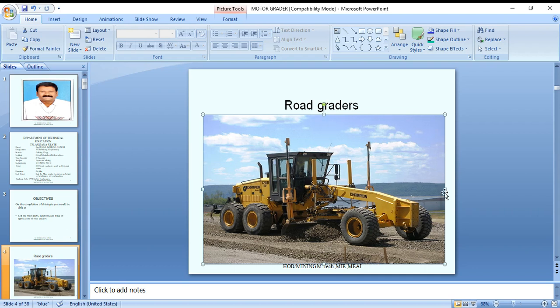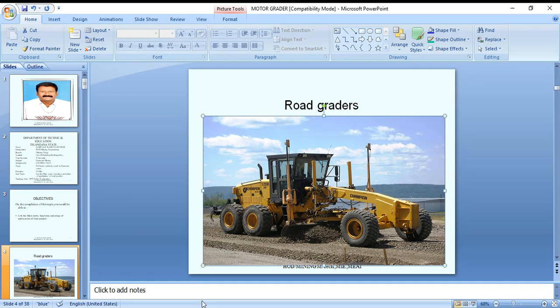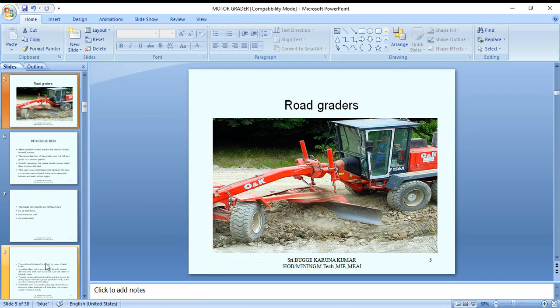Identification of the machine is also very important, so we see it once at a glance. One more image.